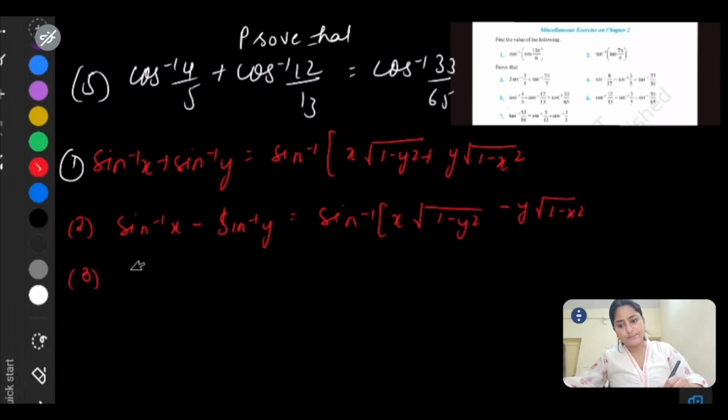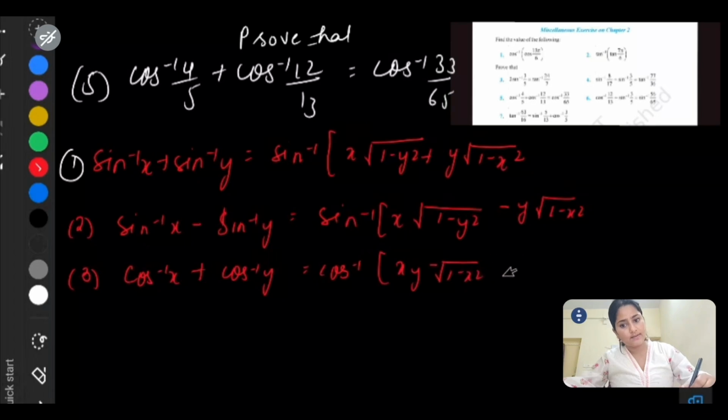If we have cos inverse of x plus cos inverse of y, it will be directly solved by this formula: cos inverse of x into y minus under root of 1 minus x square into under root of 1 minus y square. This is a minus sign and this is a multiplication sign.